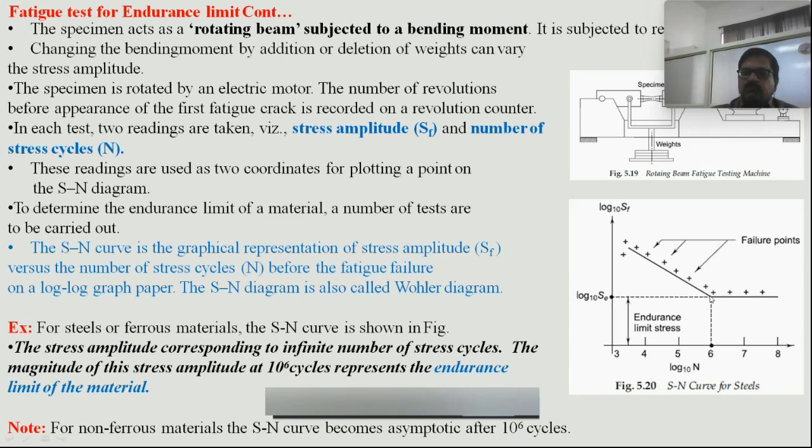That is, when the stress to which the body is exposed is equal to this endurance limit, it is found that the member is going to last for more than or equal to 10 power 6 cycles of operations.